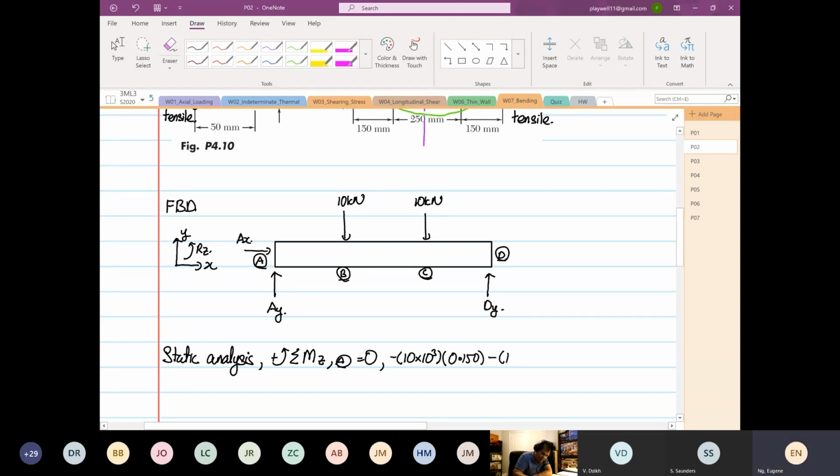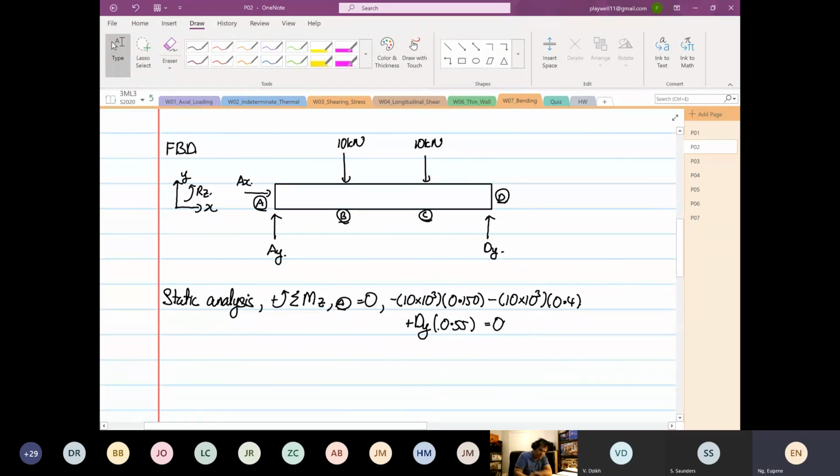Then minus 10 times 10 to the power 3 again, multiplied by 0.4, and then plus Dy multiplied by 0.55. The whole thing will be equal to 0.